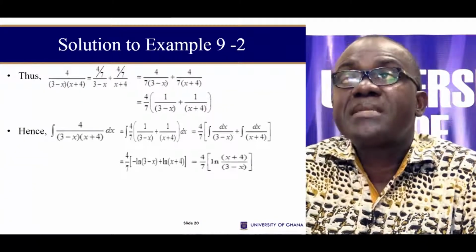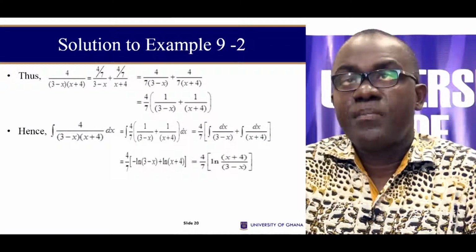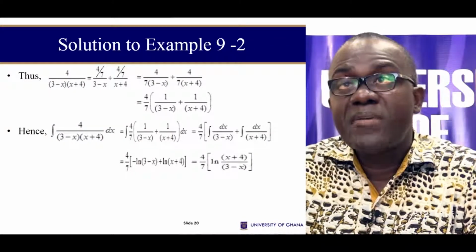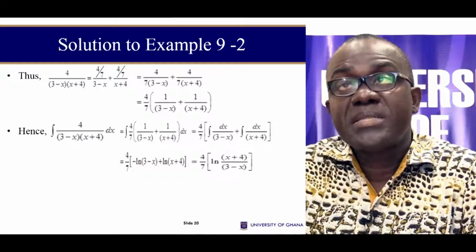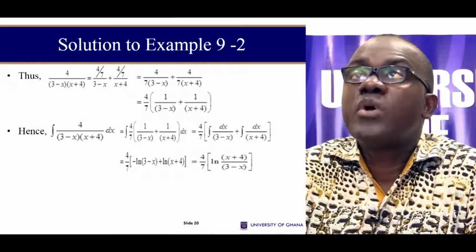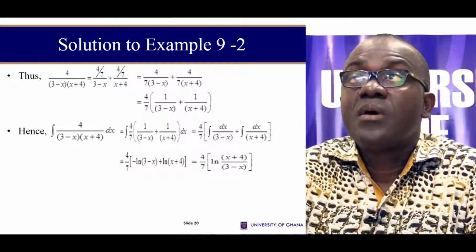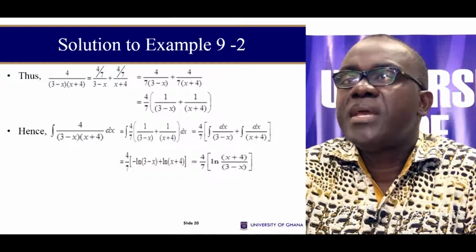So what it implies is that this, our proper rational function, we can write it as a sum of 2 rational functions, which can be simplified to what we have over here. We can also further simplify it this way.